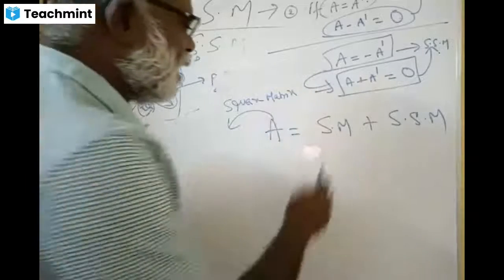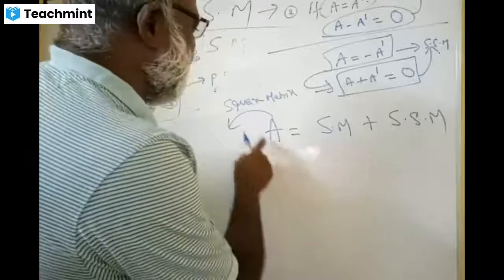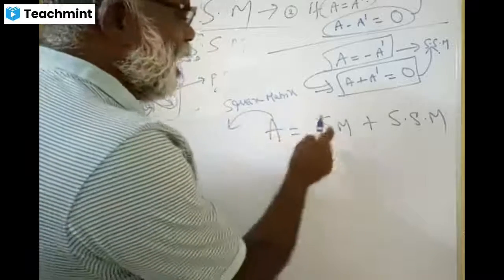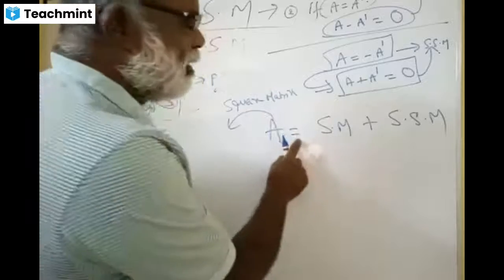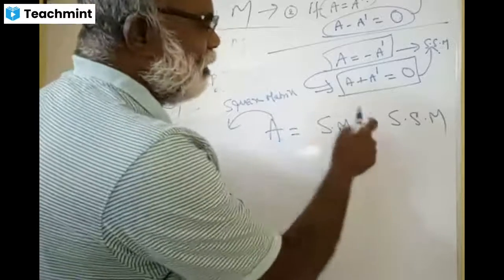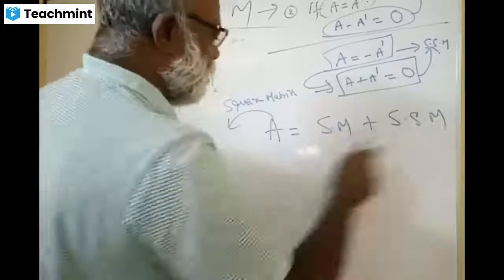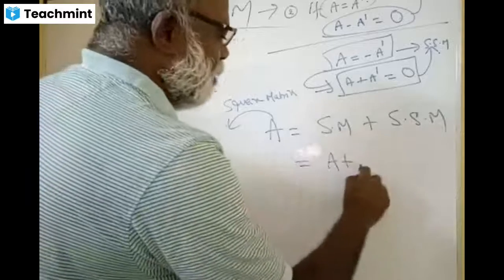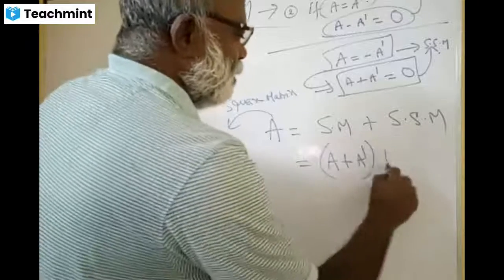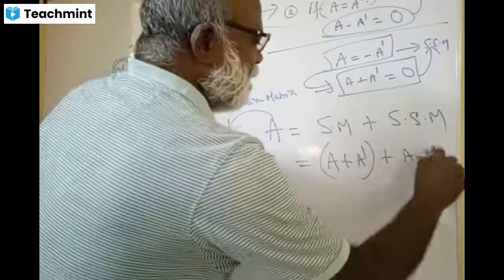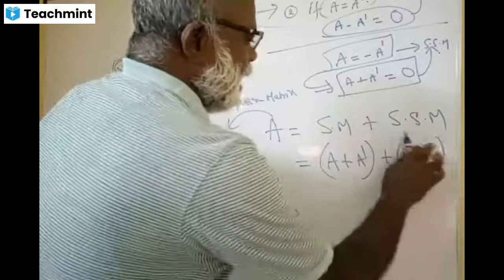So A is my square matrix. I am able to write this square matrix as the sum of a symmetric matrix and a skew symmetric matrix. A plus A dash is one matrix, and A minus A transpose, or A dash, is the other.